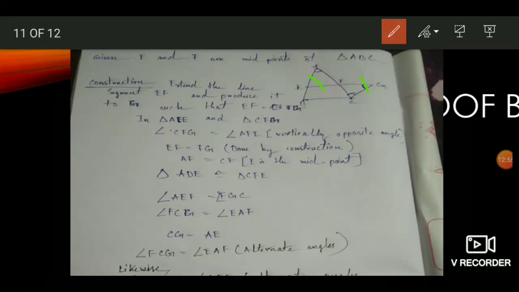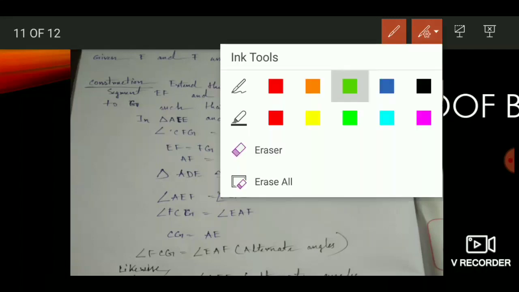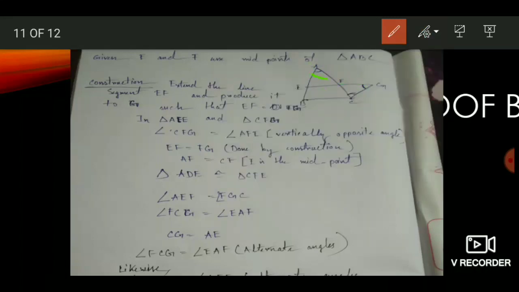We can also say that this angle and this angle are equal because the triangles are congruent. We call it the corresponding parts of congruent triangles.